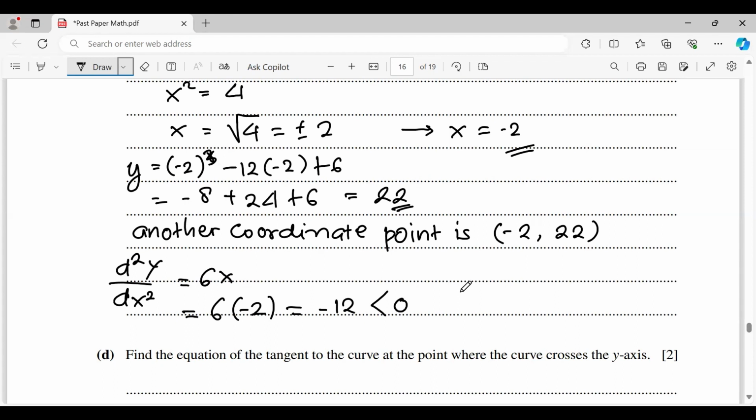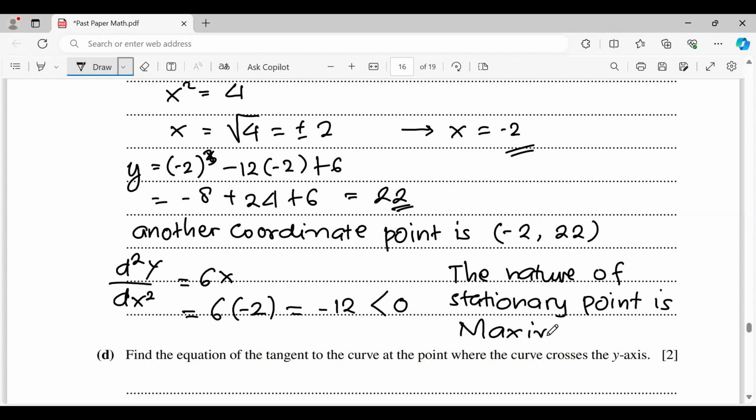It is less than 0, so it means the nature of the stationary point is a maximum point.